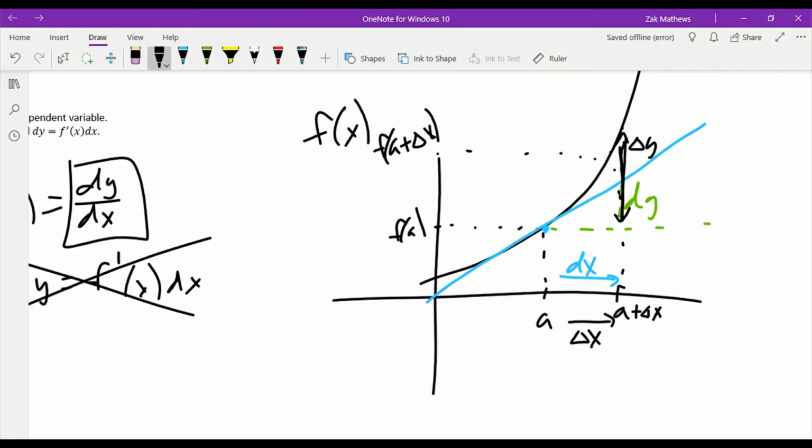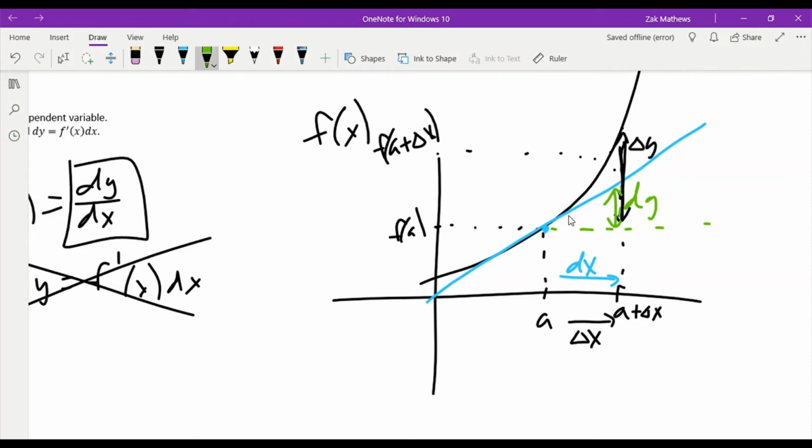Delta is always representing that actual amount, versus dy, which is an approximation based on the linearization. So the dy is this amount, this little green line. We can see that they're not exactly the same, and the goal with the linearization is to drive that very, very close to being the same.